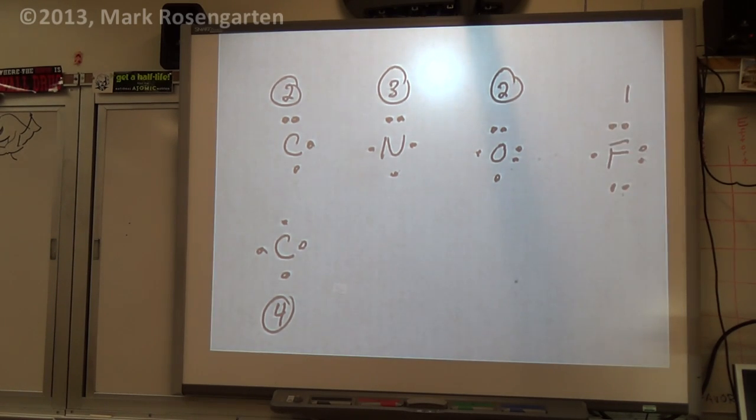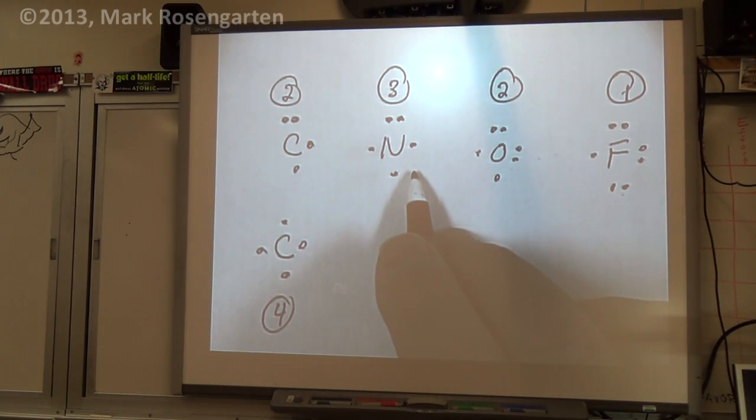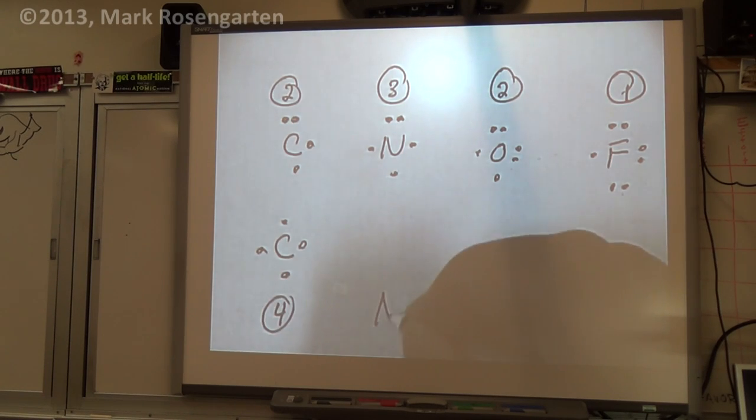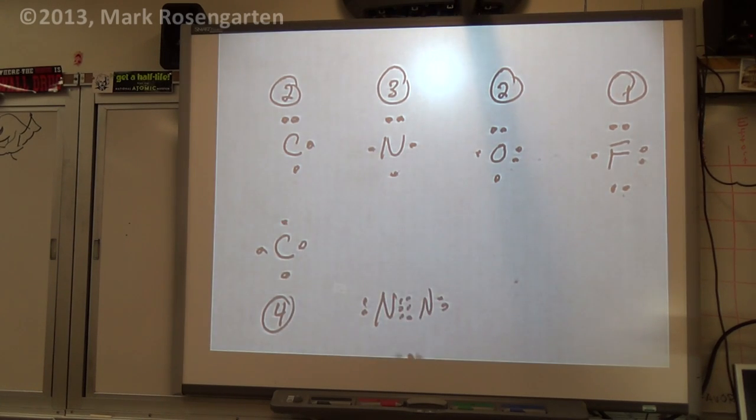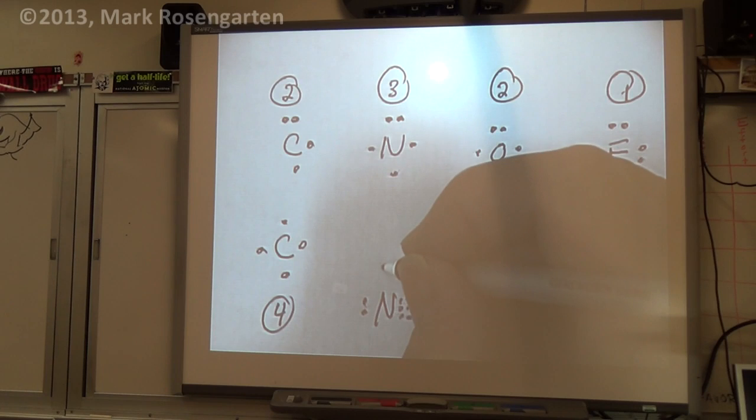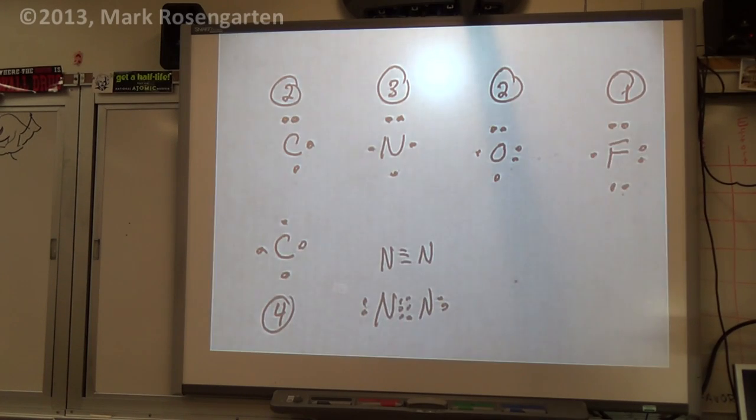Now that means that when nitrogen bonds to another nitrogen, they're going to bond using a triple bond. These 3 unpaired electrons will pair up with another nitrogen's 3 unpaired electrons, and they will share 3 pairs of electrons, each pair representing a covalent bond. We could also draw it as that because it's a triple bond. Each pair of shared electrons is a bond.